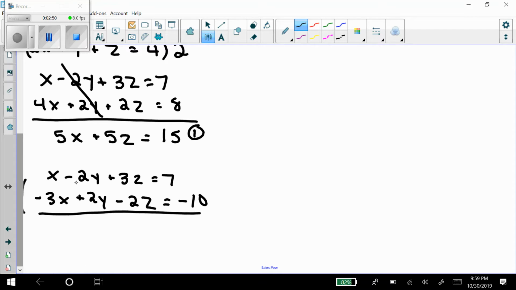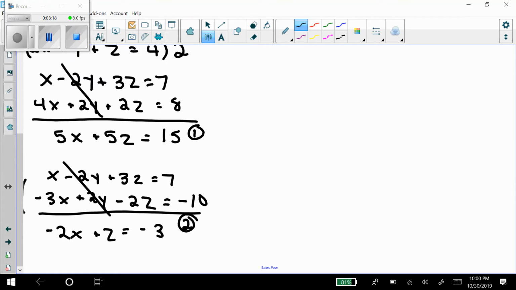Since I canceled out a y in the first one, I have to cancel out y in the second one. So I have a negative 2y in the first one and a positive 2y in the second one. So those cancel, we don't have to do any multiplying, so that's good. And then we just combine. x minus 3x is negative 2x, 3z minus 2z is positive z, equals negative 3. And this is my second equation.